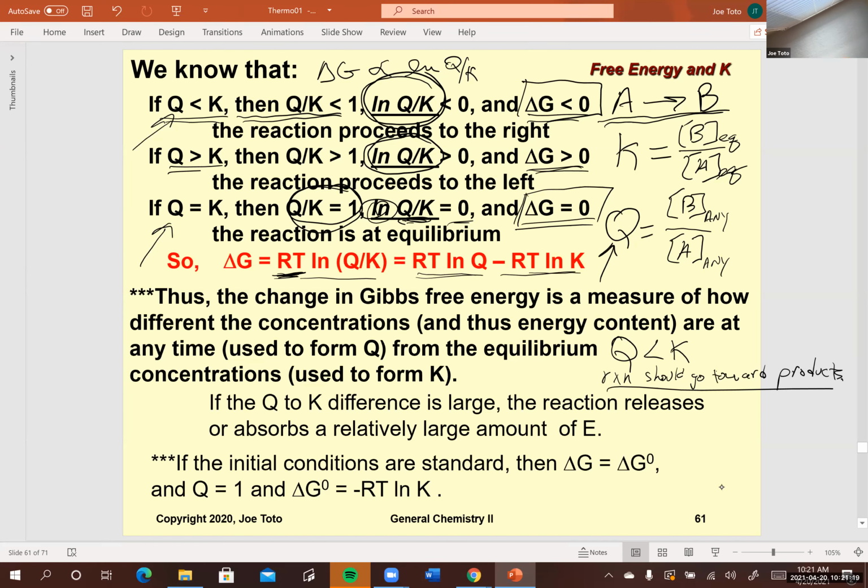Now I have an equation that relates delta G to the log of Q and our equilibrium constant.